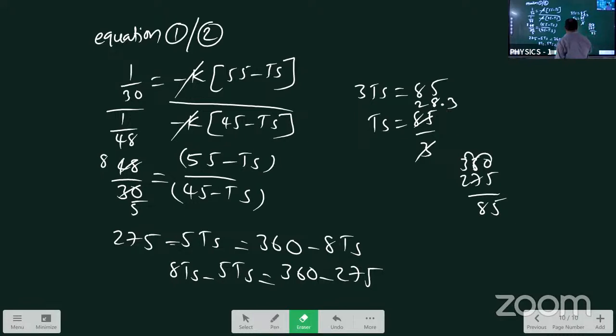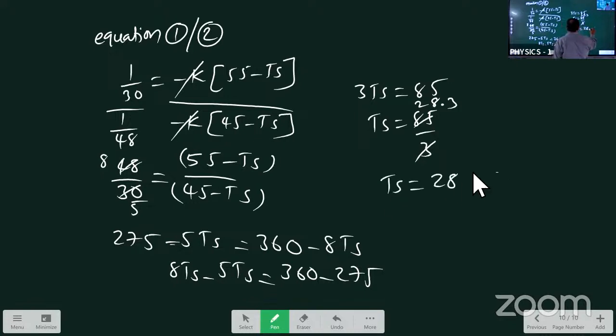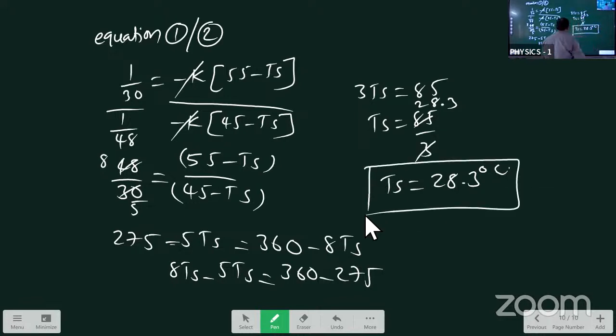So overall, our answer Ts equals 28.3 degrees Celsius. This is the surrounding temperature, students.